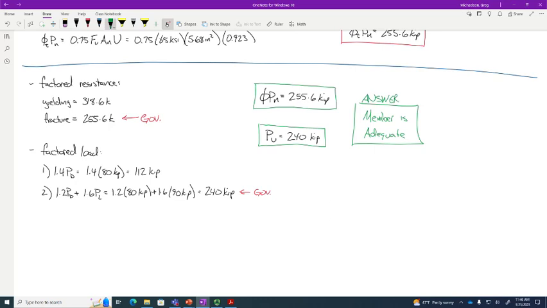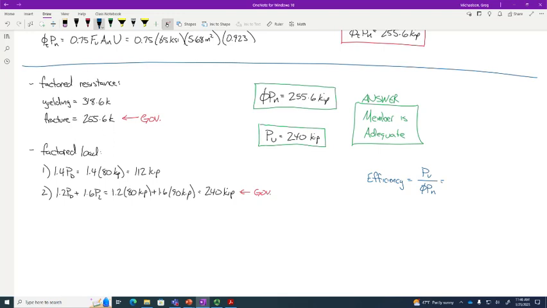Now, we were not asked to do this in this problem, but I'm going to introduce a new term to you real quick. We're not going to use it until we get to design, but I want to look at efficiency. Efficiency is the load over the resistance.